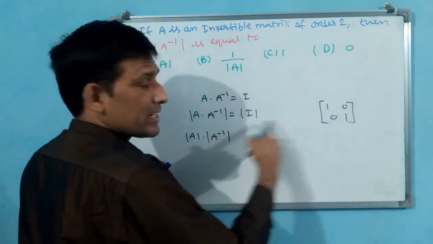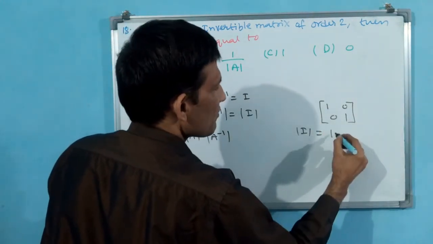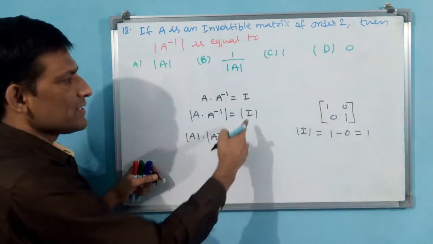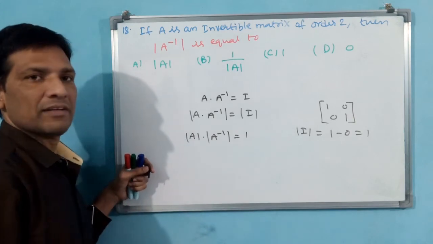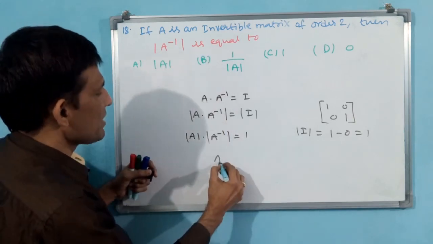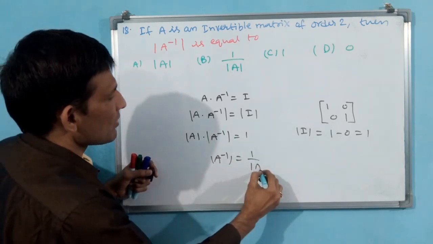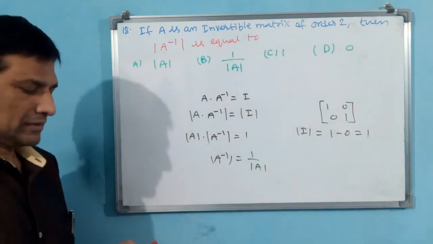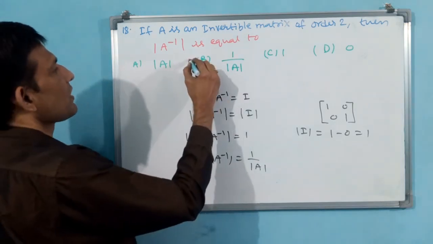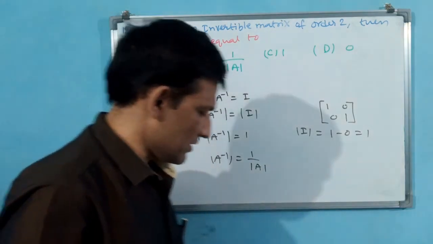But now determinant means what? Determinant I is equal to 1 into 1 minus 0, that is equal to 1. That means determinant I value is 1. Now you want determinant A inverse, it is equal to 1 divided by determinant A. This is a conceptual based question.